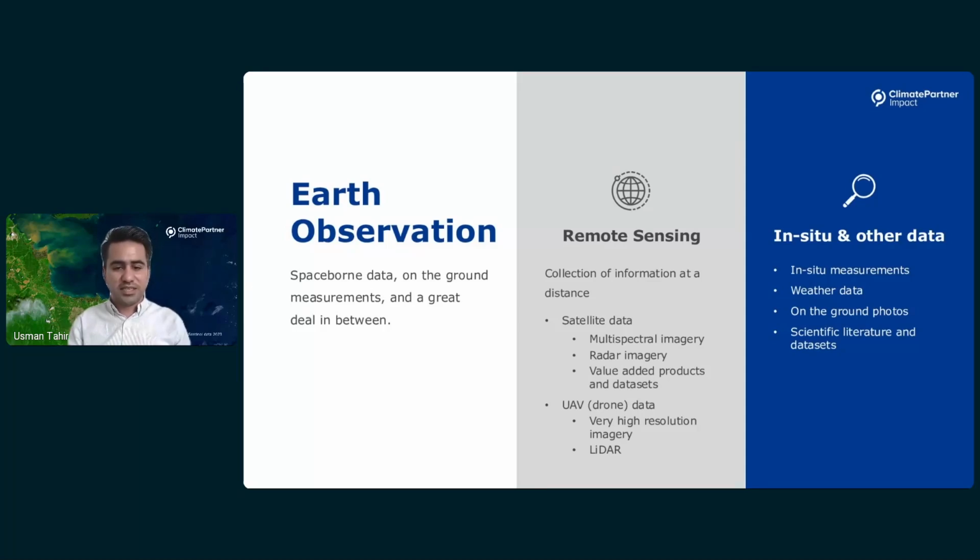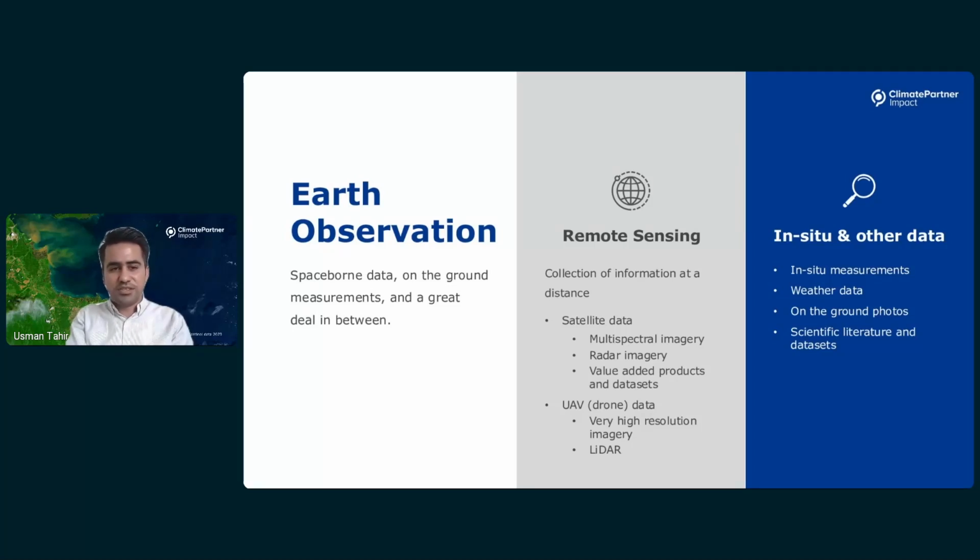And then comes the radar imagery, which has a bit longer wavelength than usual visible light, and which can provide us additional information to the regular imagery. Then, if we really want to have very high resolution imagery, then we utilize a drone to capture or collect the data.